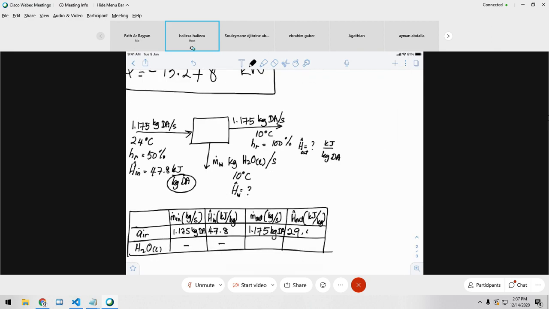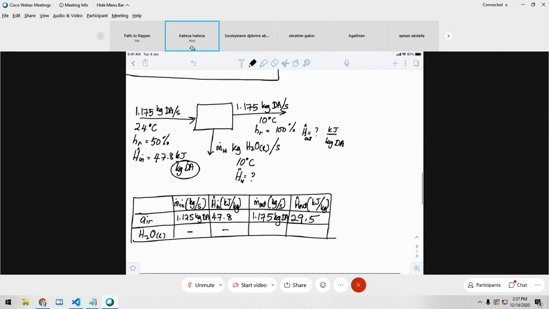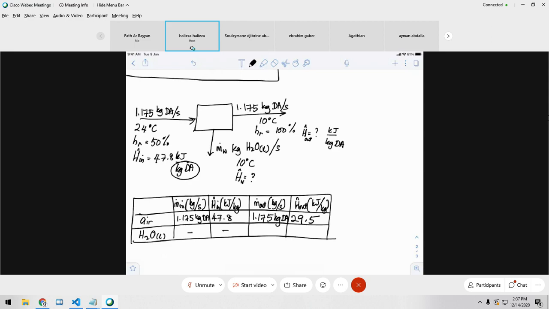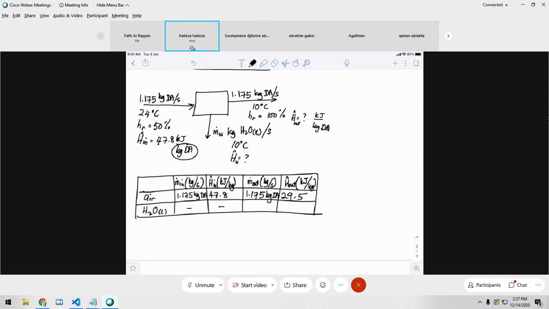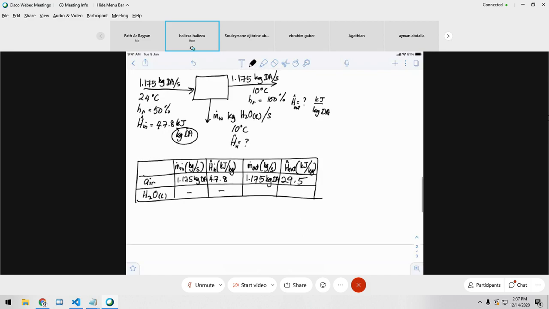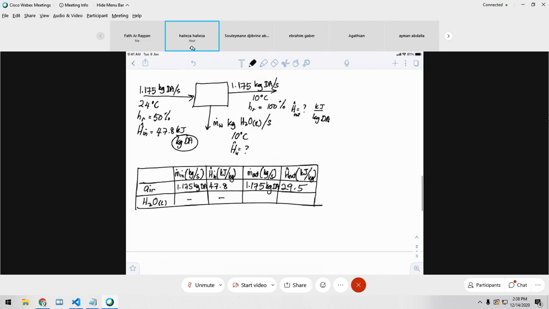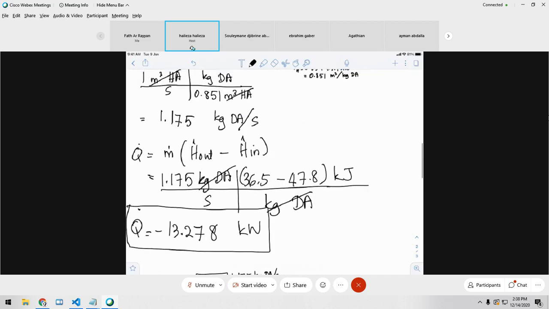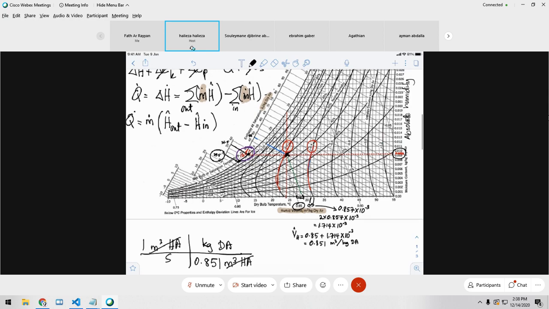Next, for water. How much water is coming out? We don't know the amount of water coming out. So we need to do a material balance, calculating the amount of water using the water balance. First thing first, what is the amount of water vapor in your inlet? What is the amount of water in your inlet stream?